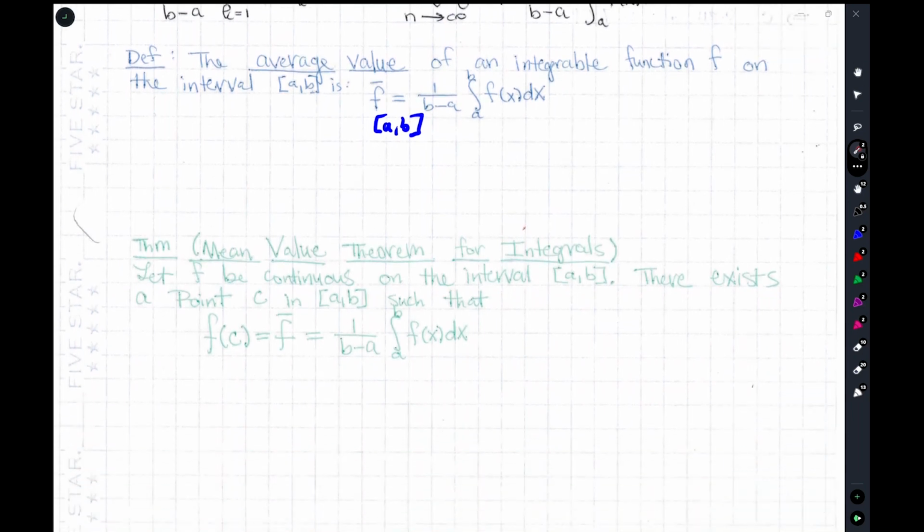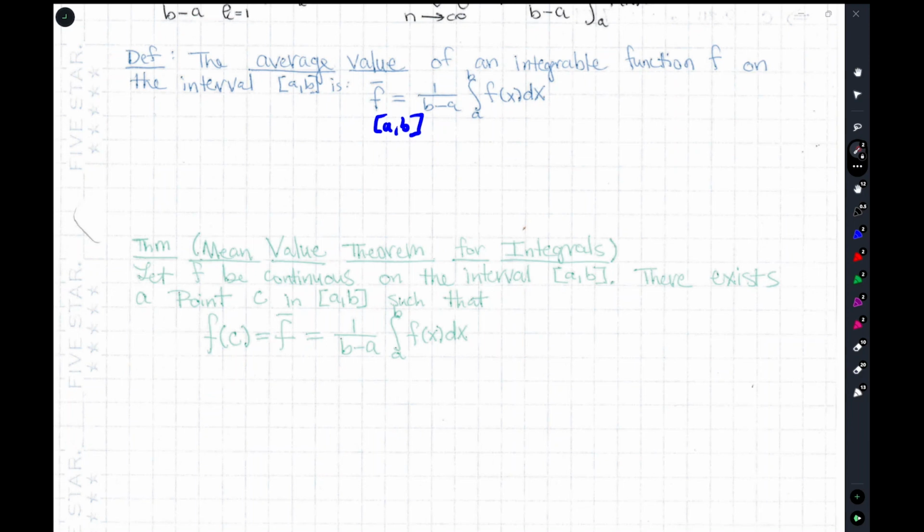Well, here's a very important theorem that uses the concept of average value: the mean value theorem for integrals. Now you've probably run into the mean value theorem before in prior studies on derivatives.